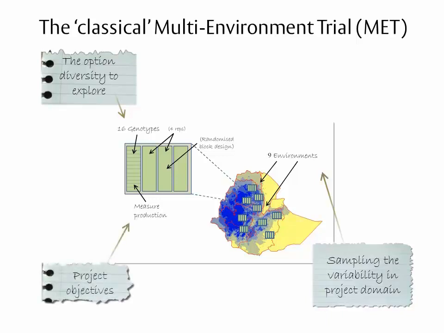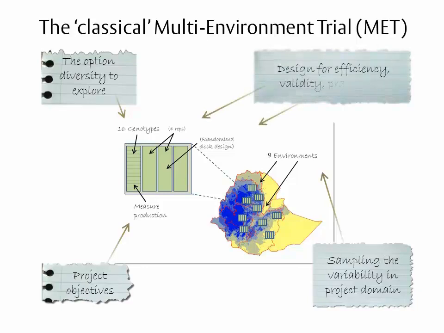These were set by the study and project objectives. And finally, there are the details of the design at each place, chosen to make the study efficient and valid, as well as practical. I'll now dig deeper into 3 of these and show how they can be used within a more general options by context interaction problem.